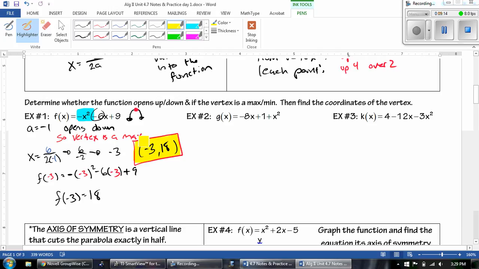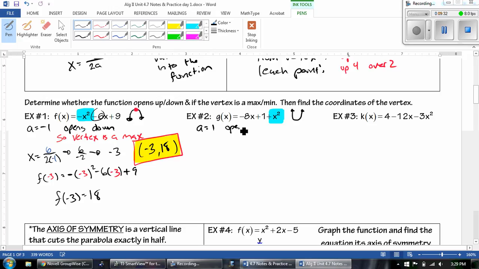Okay, so example number 2. Sometimes they're not going to be in order, but we need to find that quadratic term. So there's my quadratic term. It's positive, and if it's a +1, that means it's going to open up.